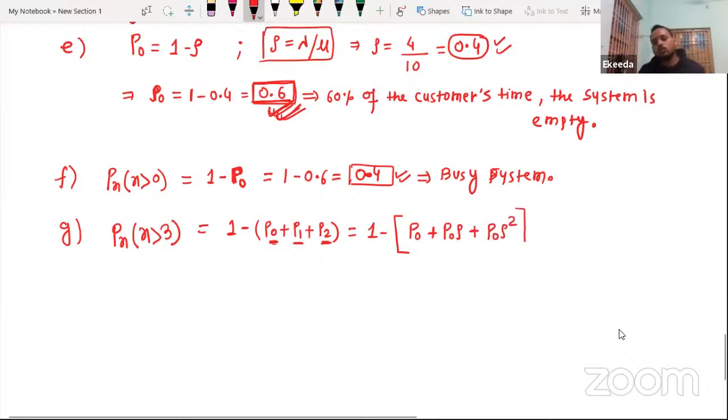After solving this, 1 minus P naught we will take common, so it is going to be 1 plus rho plus rho square.